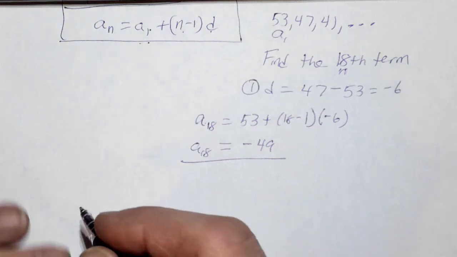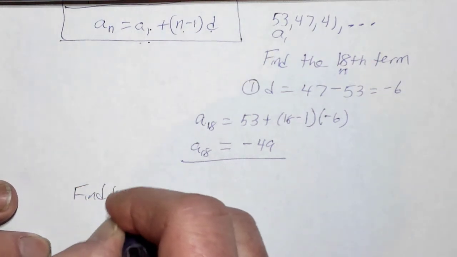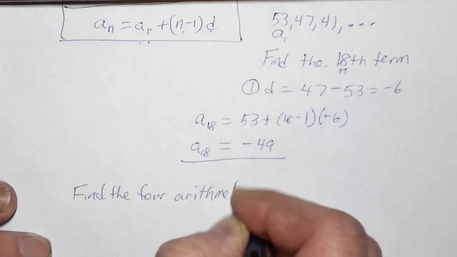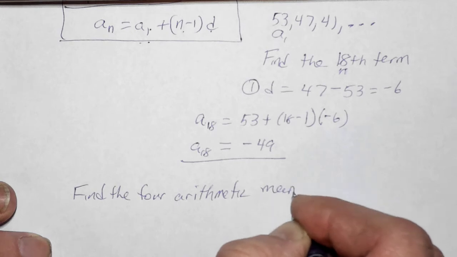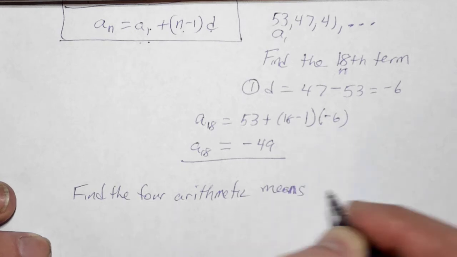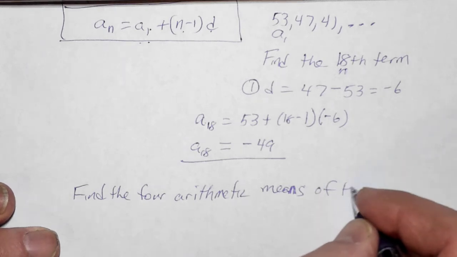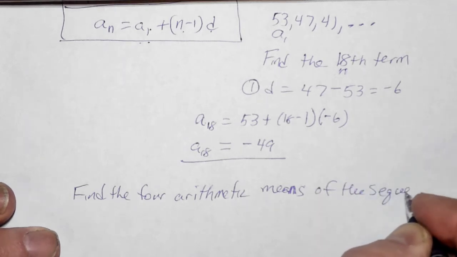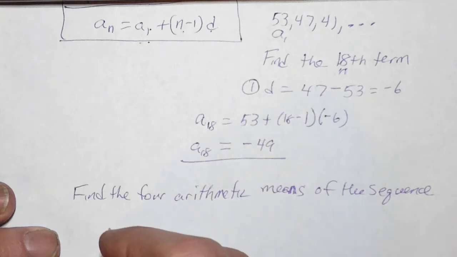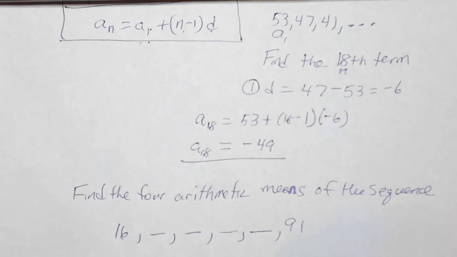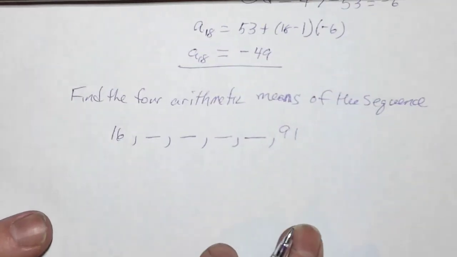So let's say I wanted to find the 4 arithmetic means of the sequence 16, and so on up to 91. So I wanted to find those missing numbers in there.